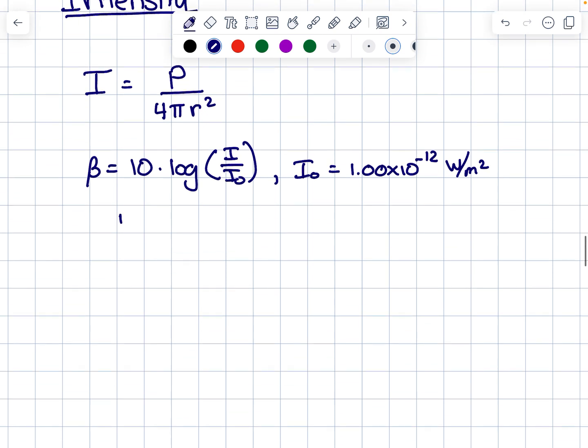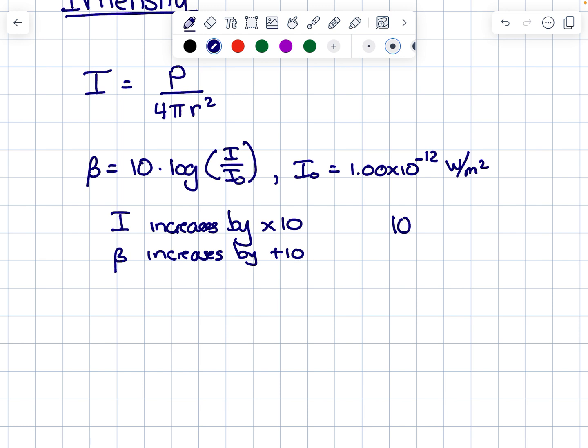Every time the intensity, I, increases by a factor of 10, the decibel level increases by plus 10. So if the intensity gets 1,000 times bigger, then 1,000 is 10 times 10 times 10.